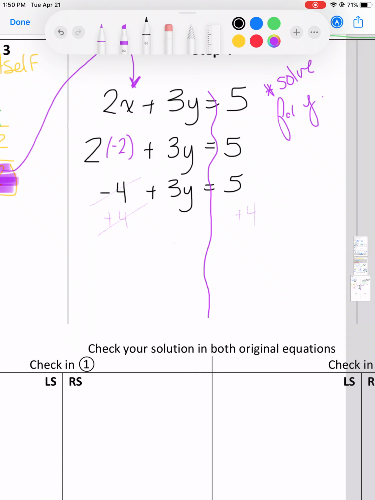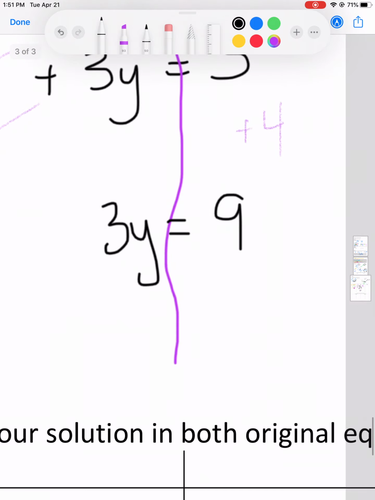So I'm going to have 3y equals, 5 plus 4 is 9. Okay, y by itself? Nope. Divide by 3, divide by 3. They cross out. 9 divided by 3 is 3.